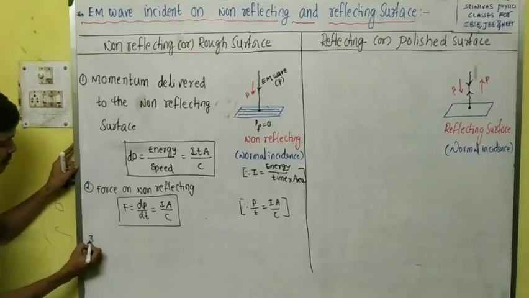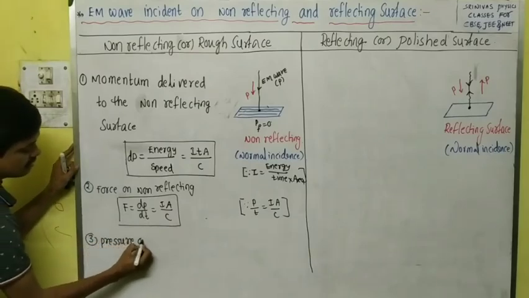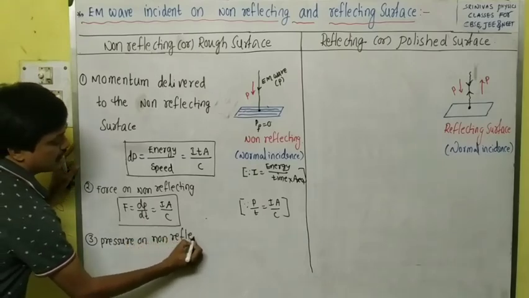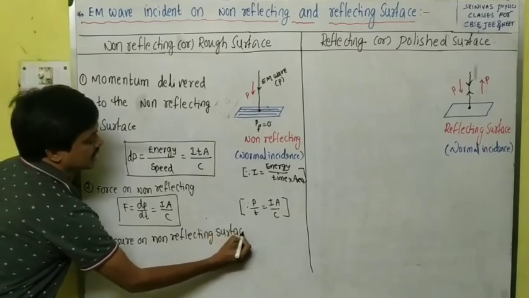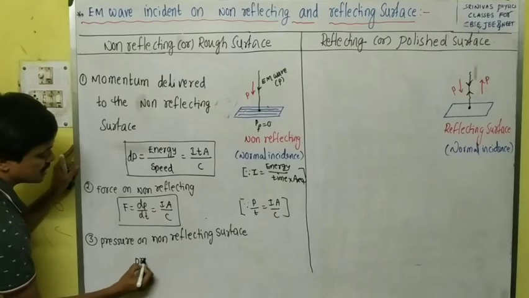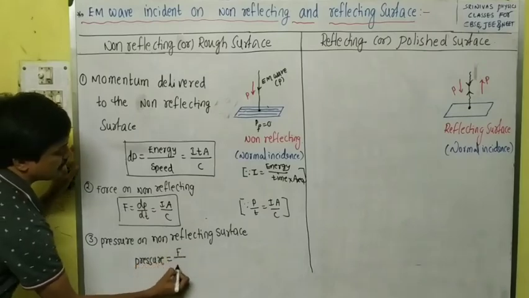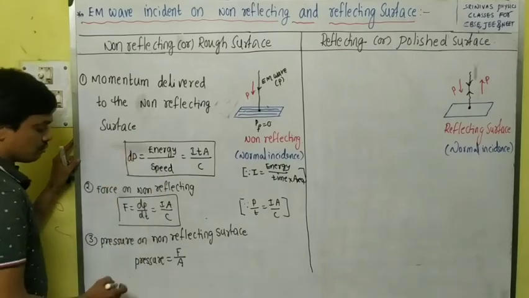Next, I want the pressure on a non-reflecting surface. When an electromagnetic wave is incident on a non-reflecting surface, how much pressure can it apply? We know the pressure formula is force by area. Don't confuse pressure and momentum, both are different.